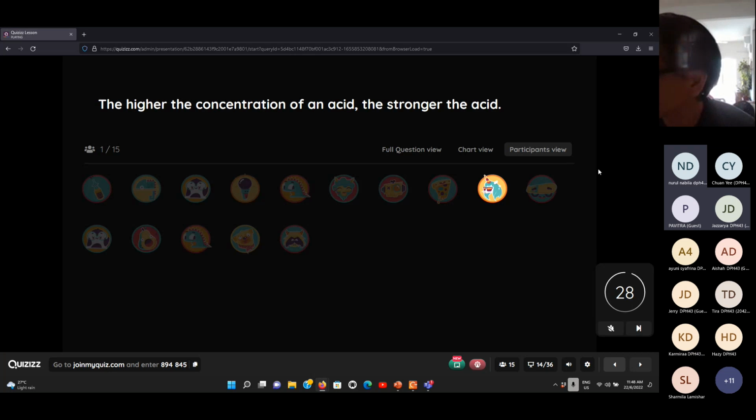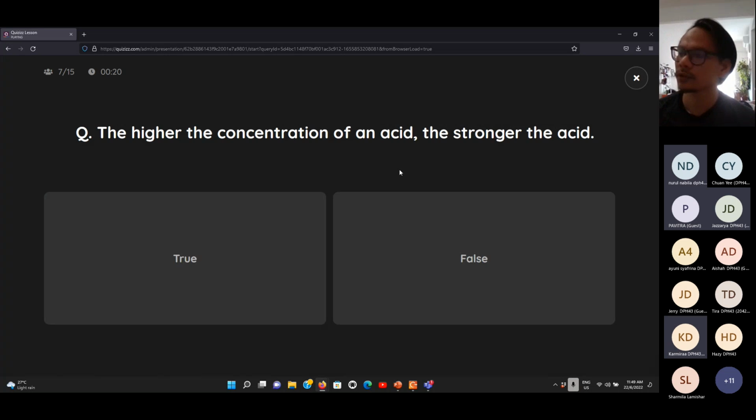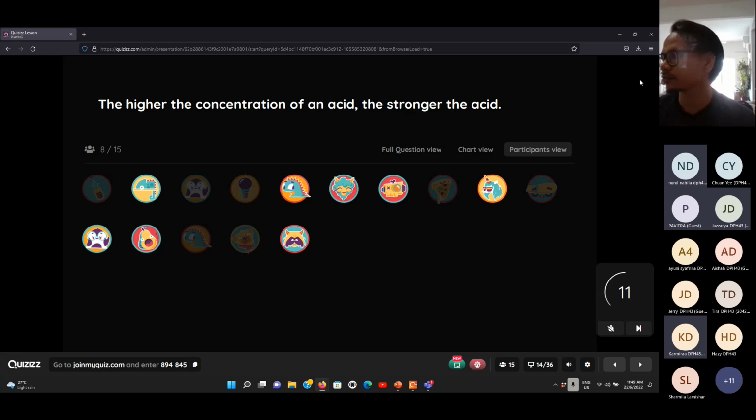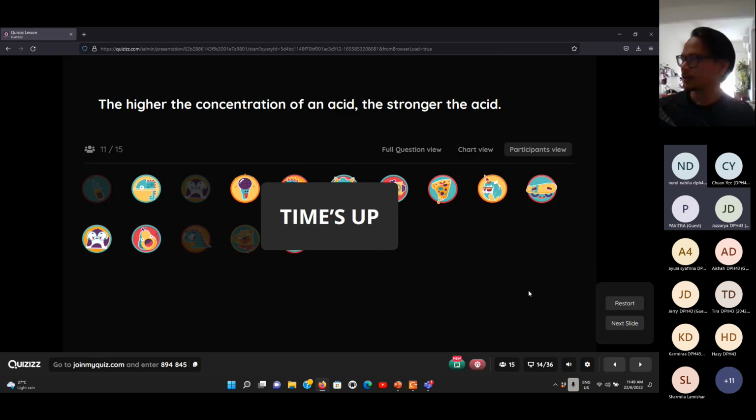So the higher the concentration of an acid, the stronger the acid. Is that true? True or false? The higher the concentration, the stronger the acid. Time's up.